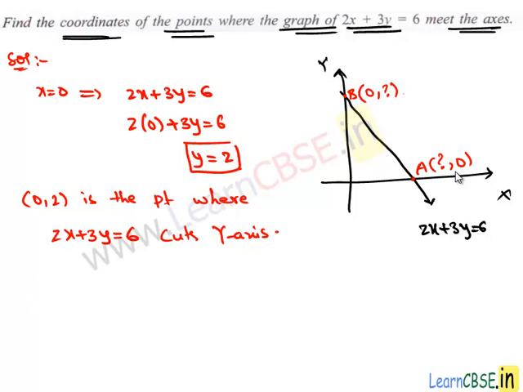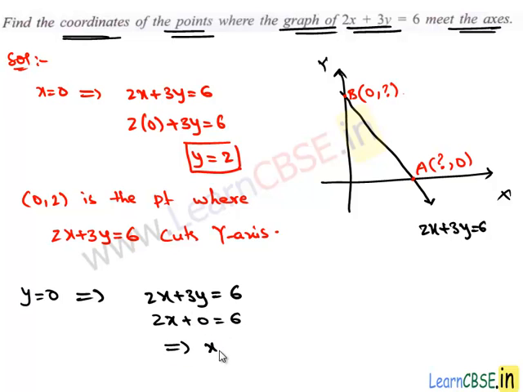Similarly, to find point A, that is the point on the x-axis, we take y-coordinate 0. And here we have the equation 2x plus 3y is equal to 6. Let's substitute it here. And here we have 2x plus 3 times 0 is equal to 6.